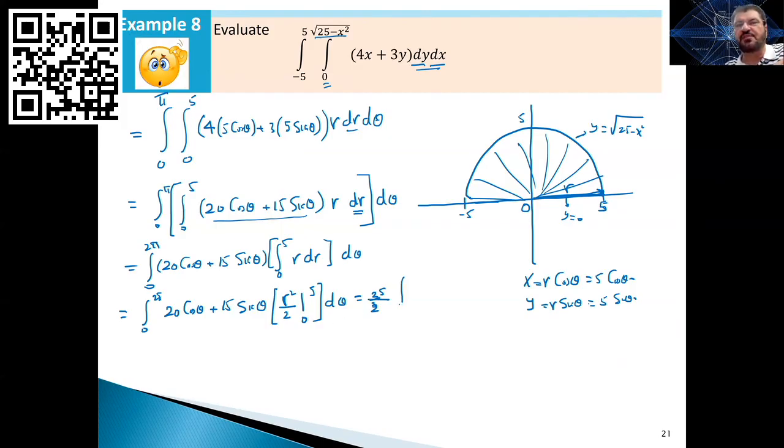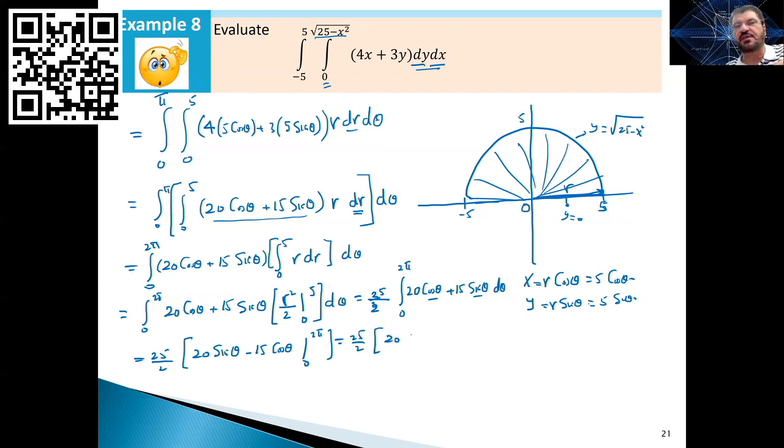And then what do we have? We have the integration from 0 to pi of 20 cosine theta plus 15 sine theta d theta, times 25 over 2. Now, what's the integration of cosine? It's sine. So this is 20 sine theta. What's the integration of sine? Negative cosine. So minus 15 cos theta from 0 to pi. All right. So this is 25 over 2. Put pi.